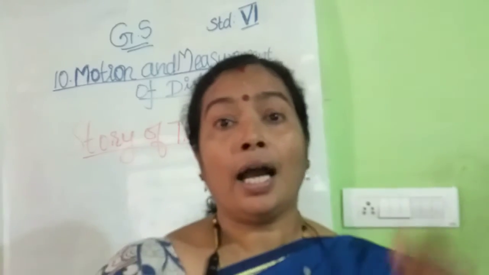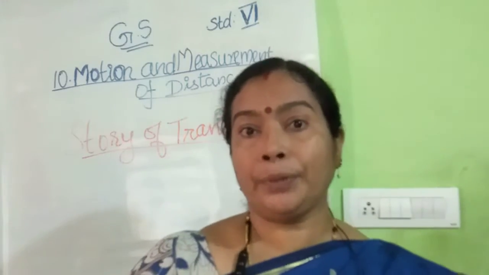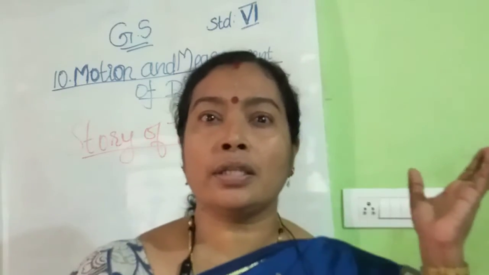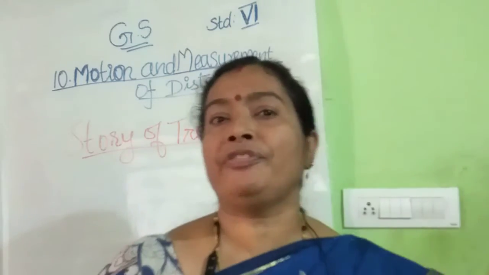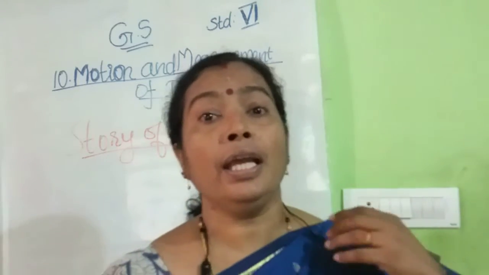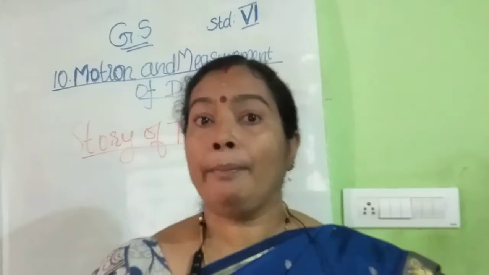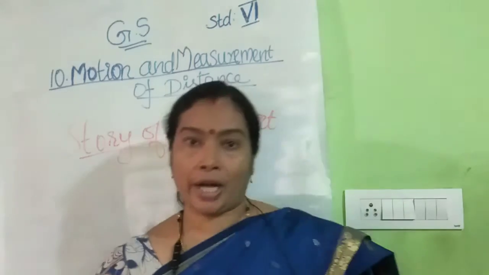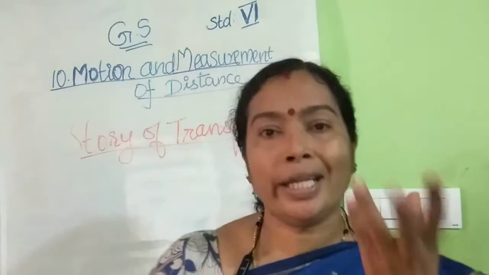Think about our capital Thiruvananthapuram. From here it is nearly 150 kilometers, and it takes 4 or 5 hours to reach there. But if we travel in the bullet train, it will take only 20 minutes.